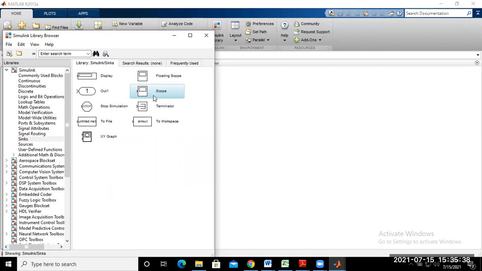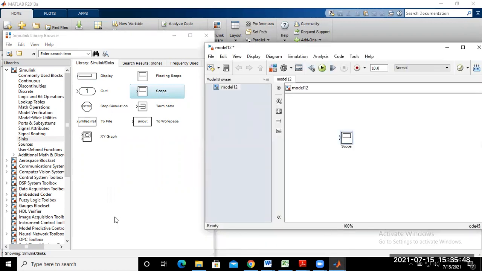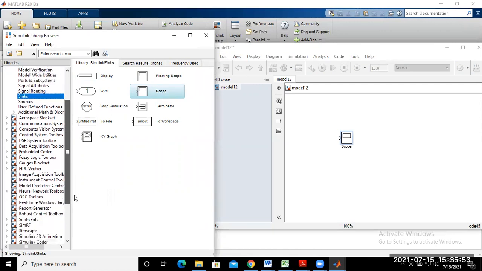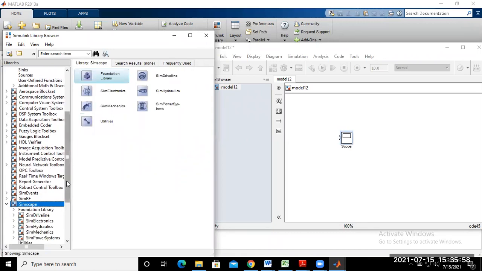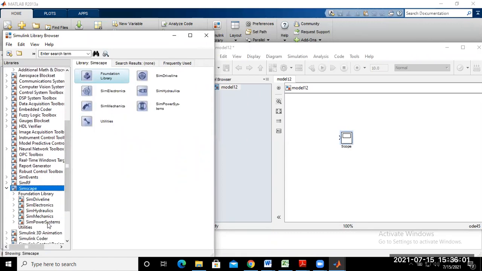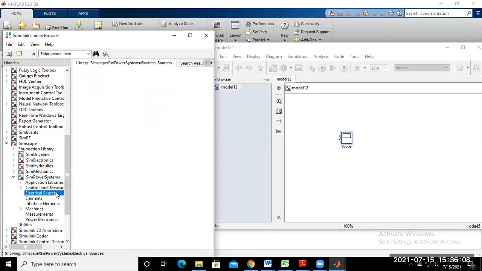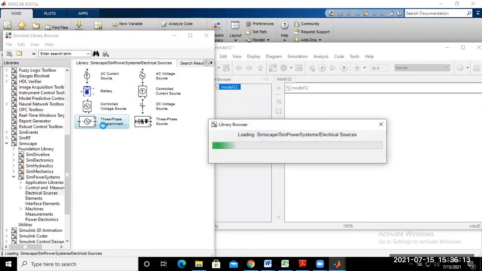Now again choose the three-phase AC source. Go to the SimPowerSystems, then the electrical sources, select the three-phase source and add it to model number 12.